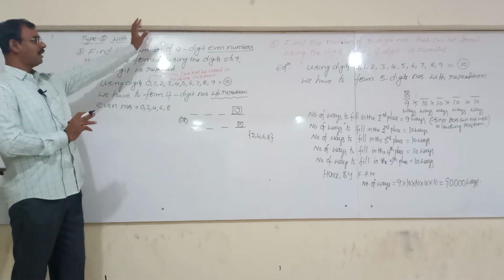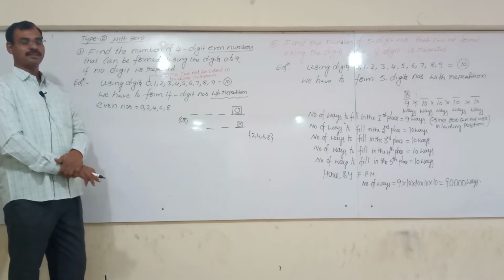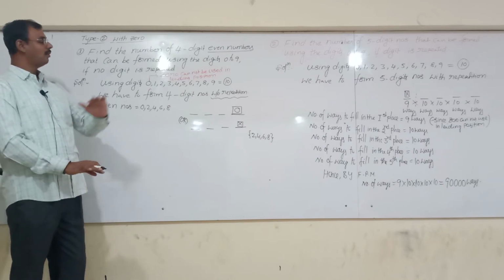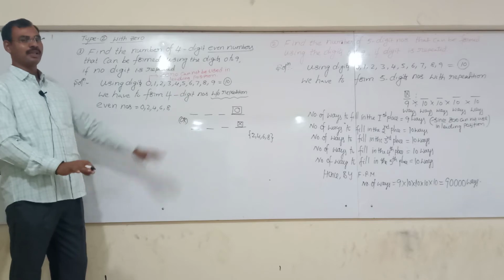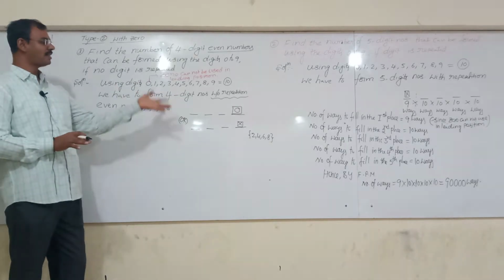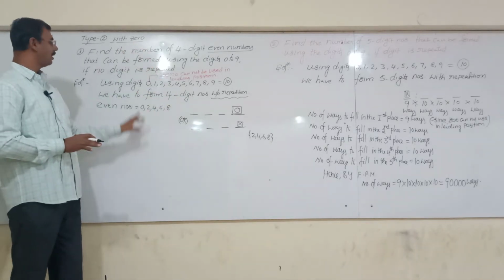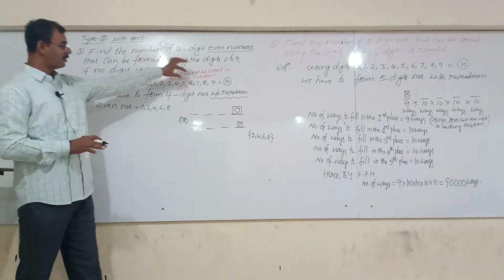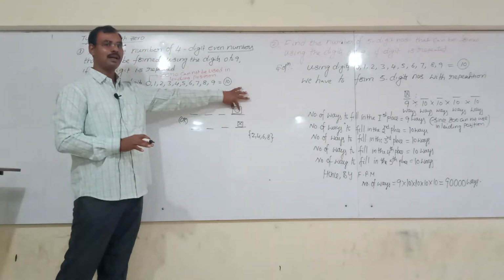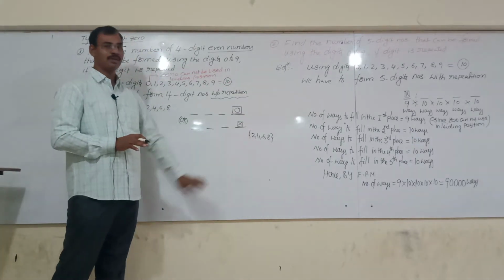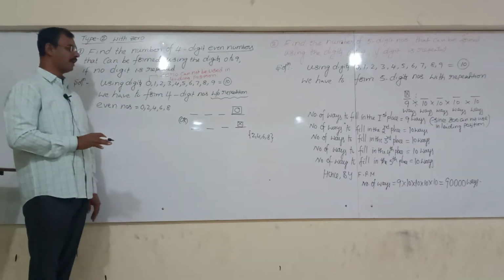You just identify the number of primary conditions. If you know there are two primary conditions, what to do? Break into two cases. Here, 0 filled in the unit place, and non-zero filled in the unit place. Like that we have to break into cases.